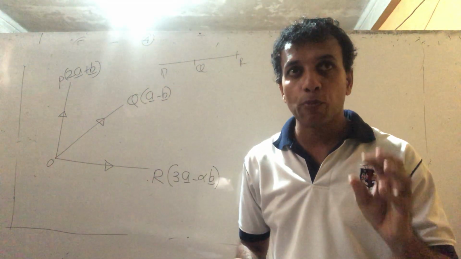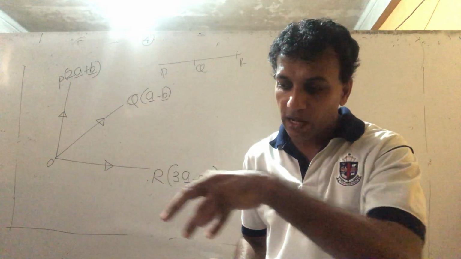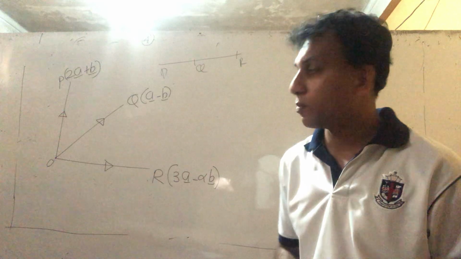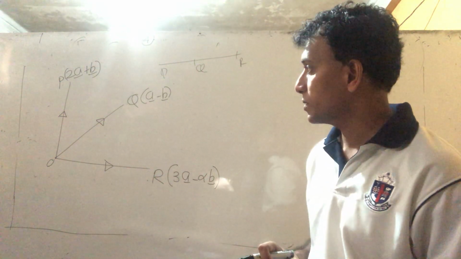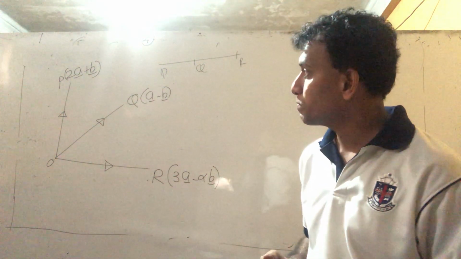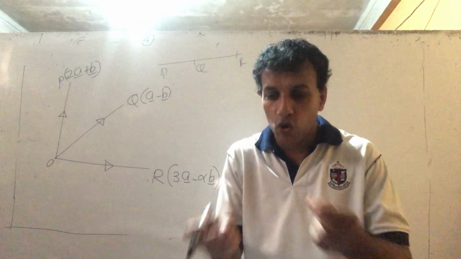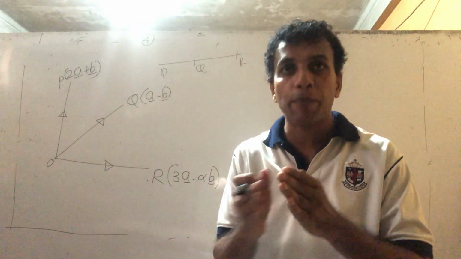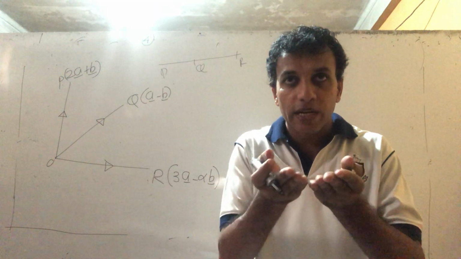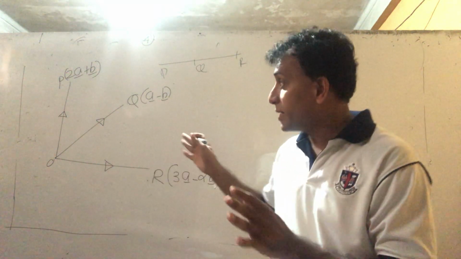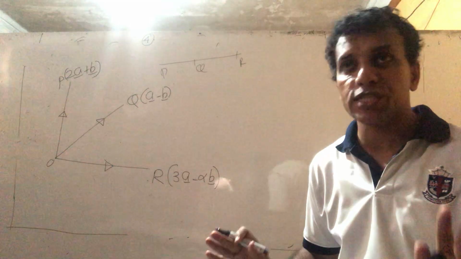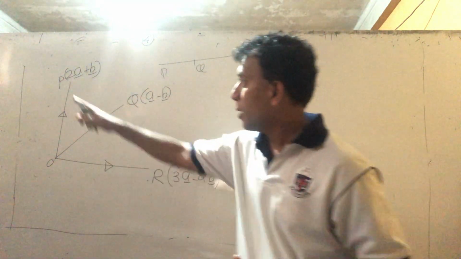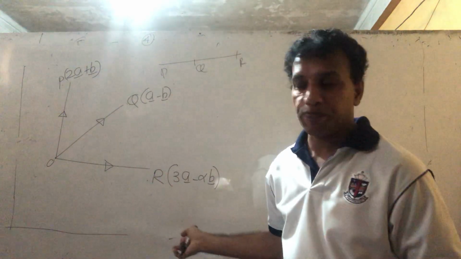The points are given along a straight line. How to answer such problems using vectors? In coordinate geometry, along a straight line means their gradients are equal, they are parallel. But here they say A and B are non-parallel, non-zero vectors. So here you take a relation between PQ and PR.